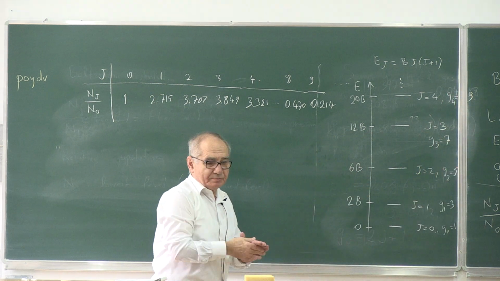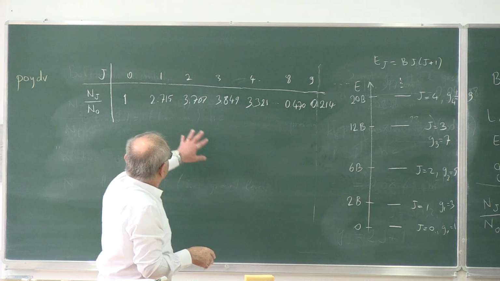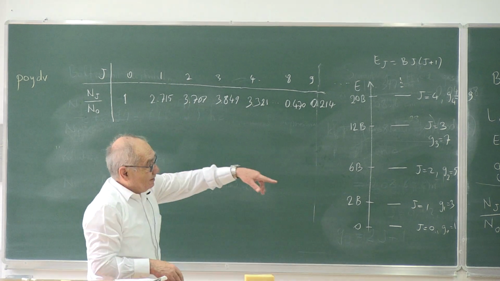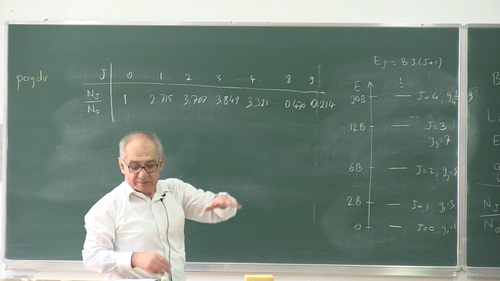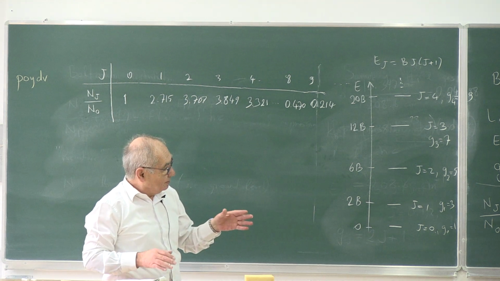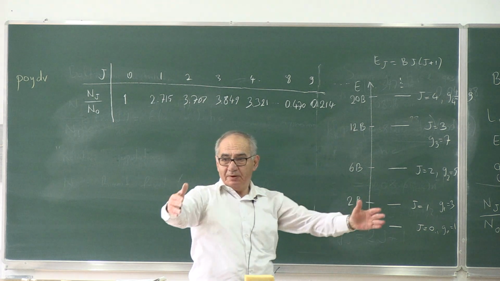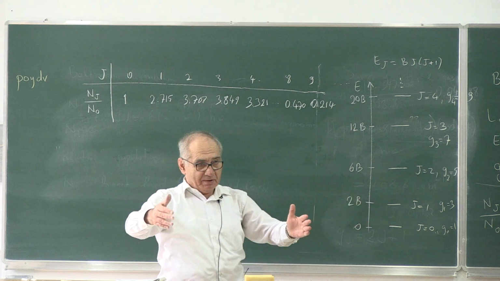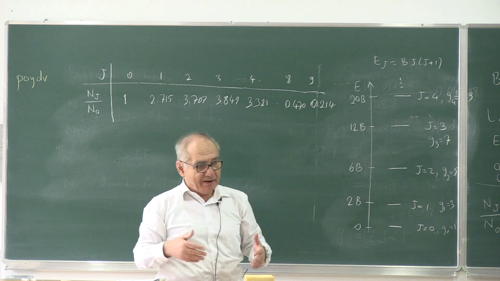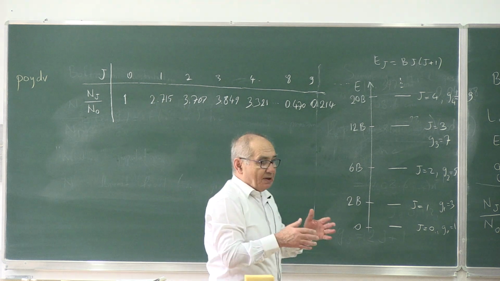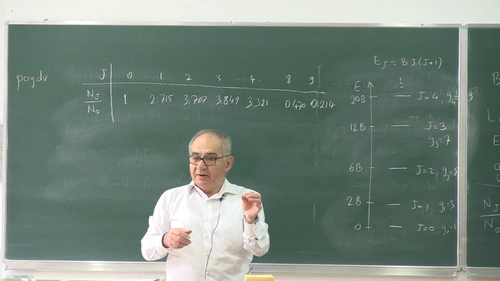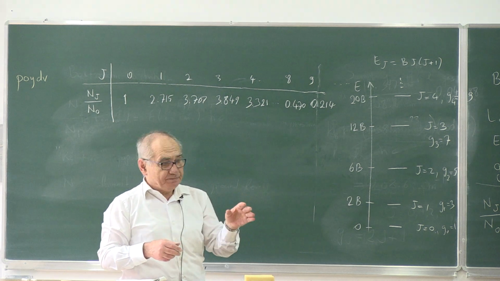All right? Now, what we have calculated refer to the following. We have a macroscopic sample of HCl molecules at 300 Kelvin.